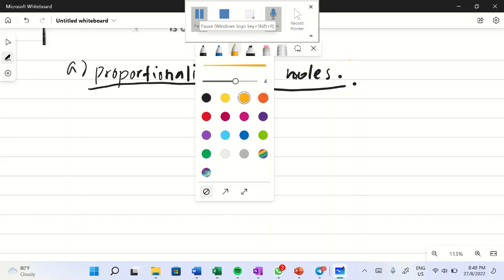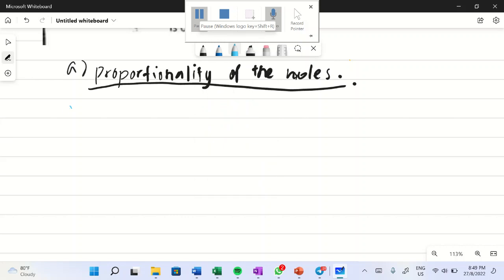So let's go through the solution. First we're going to find the mole of O3. The information given is the mass of O3, so that doesn't mean we cannot find the mole of O3.